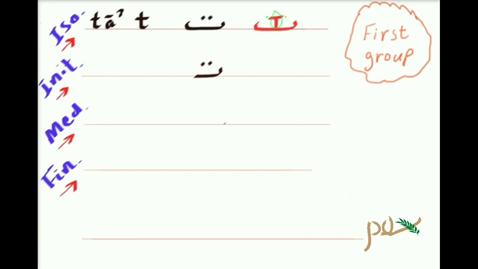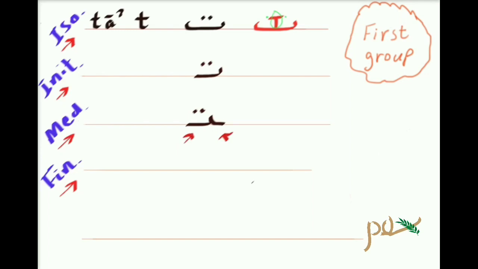Well, to get the medial form, we will put this small dash at the right side of the letter, which makes it also connectable to the letter before. Now, it can be connected to the letters from the 2 sides, from right and from left.